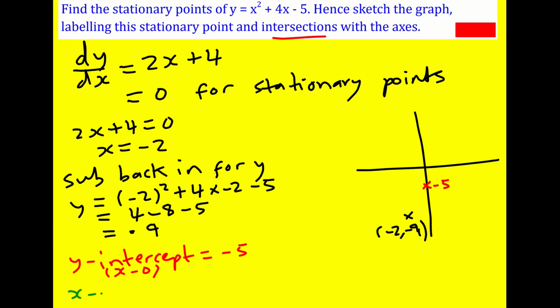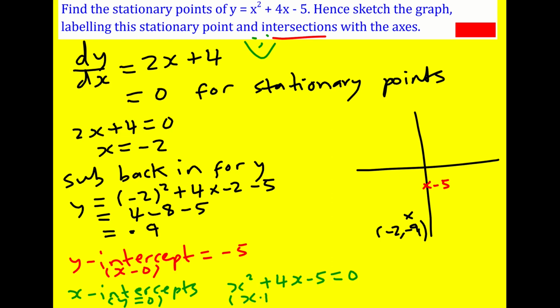And then we've got the x-intercepts. Now I know, because it's a positive quadratic, it's going to be one of these. And it's going below the axis. It's definitely going to have 2 roots. So for this, we're going to set y equal to 0. It's going to be x squared plus 4x minus 5 equals 0. Factorize this, x plus 5, x minus 1 equals 0.